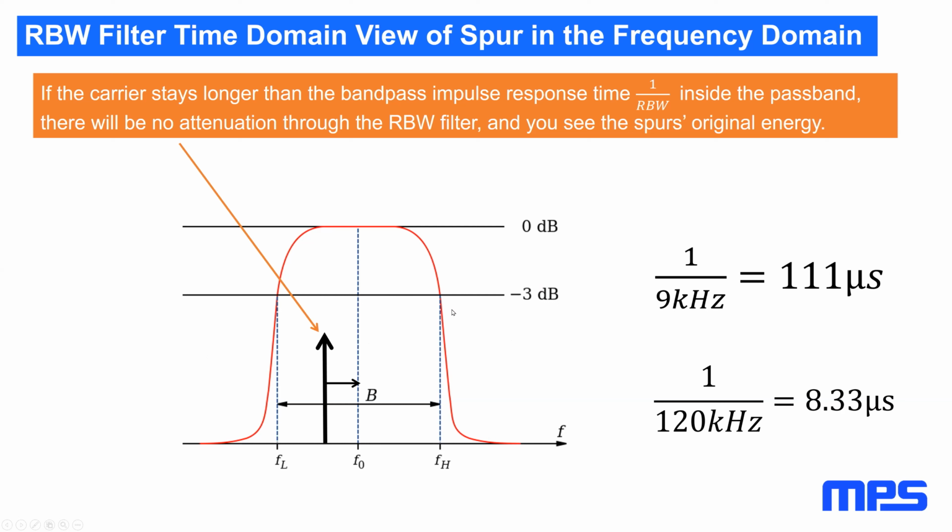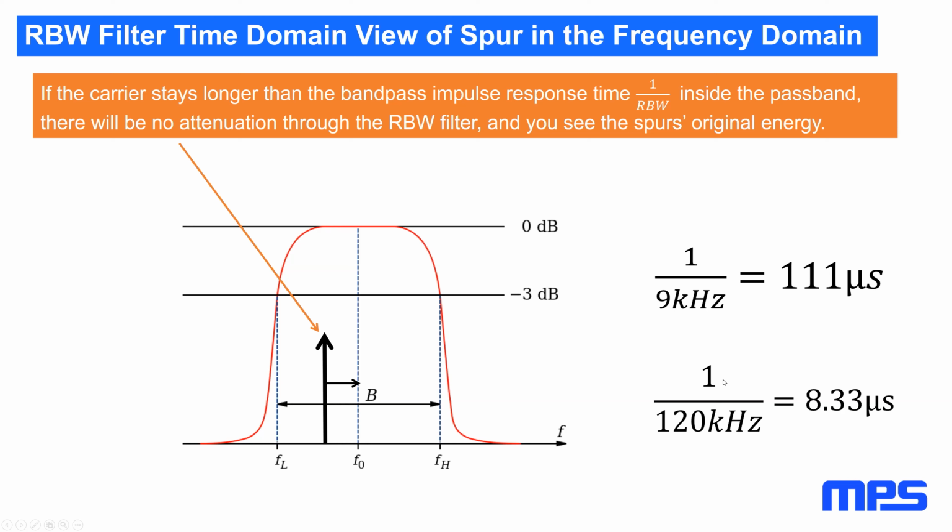Which means that in a 9 kilohertz resolution bandwidth filter, if I stay more than 111 microseconds within that area, I don't get any attenuation at all. So I have to move faster than 1/9 kilohertz through that range for my EMI receiver to show any attenuation.